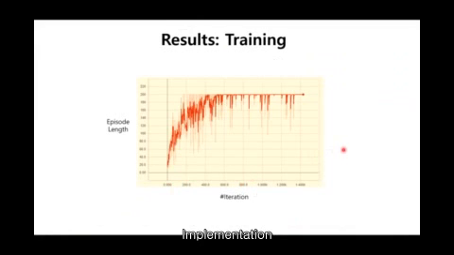Here is the result of the training. The x-axis is the number of iterations. The y-axis is the episode length.